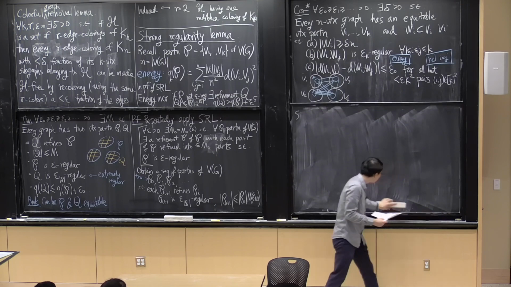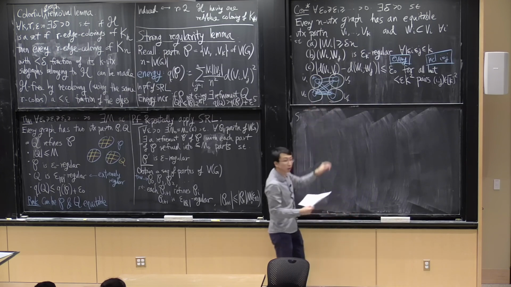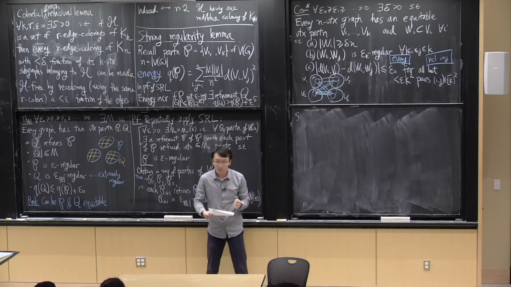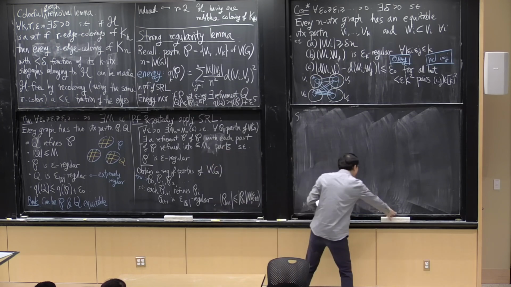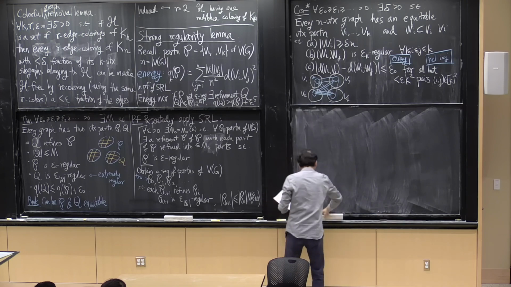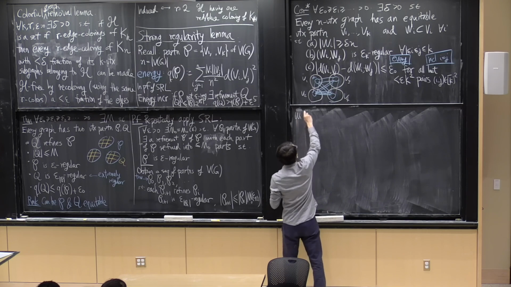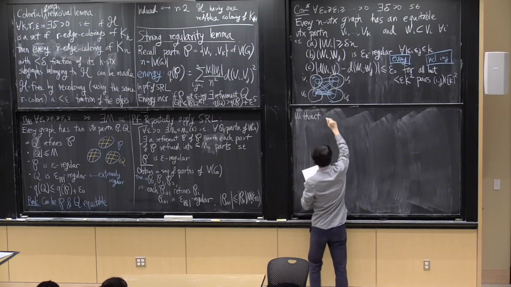Let me say a few words. I won't go into too many details about how you might deduce this corollary from the strong regularity lemma. First, let me do something slightly simpler, which is to not yet require that the blue sets, the W_i's, are regular with themselves.